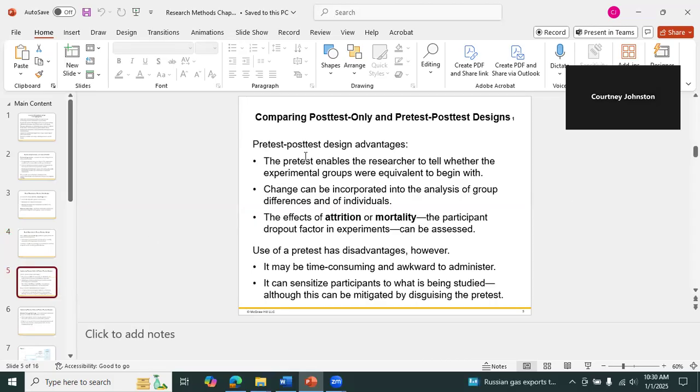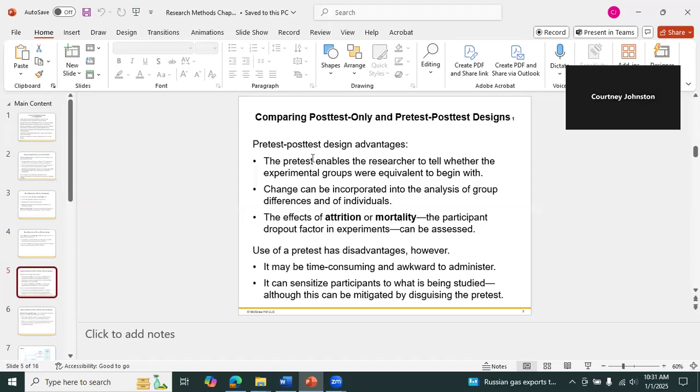All right, so compare and contrast these. In a pretest post-test design, the pretest allows us to see whether the groups are equivalent, whether the control and other group are equivalent, whether the change can be incorporated into the analysis of group differences and of individuals. Also, the effects of attrition or mortality. So attrition and mortality have to do with participants dropping out or not completing the experiment.